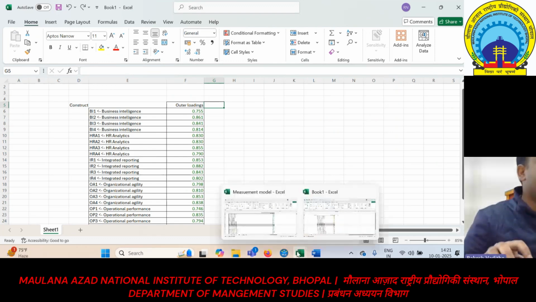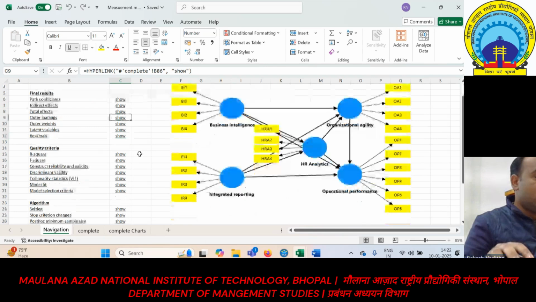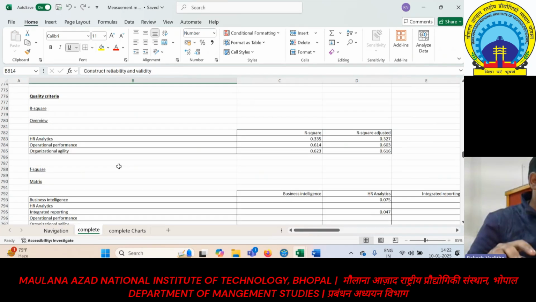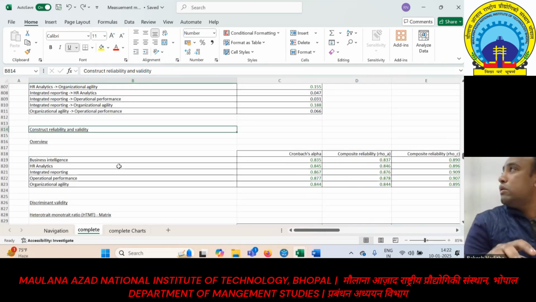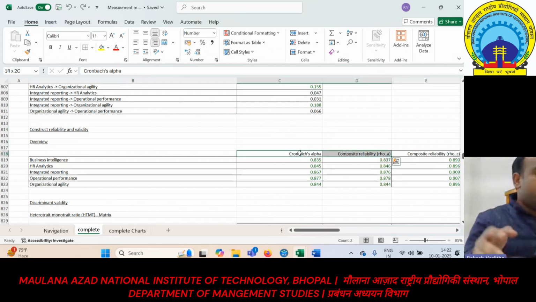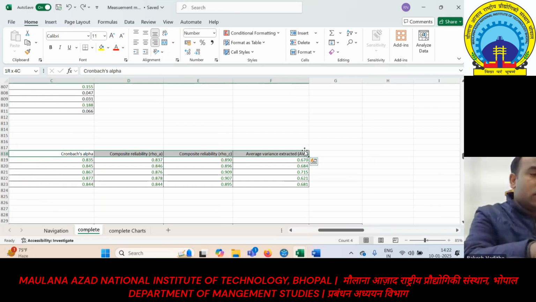Then go again to the PLS model report, navigation. Here click on construct reliability and validity show option. Here you can get the overview of construct reliability and validity. Here the values: Cronbach's alpha, composite reliability, AVE.